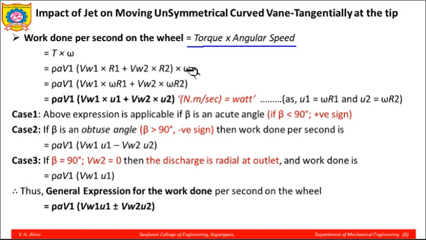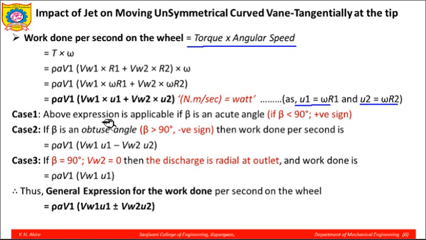That is all into omega, so omega will go inside the bracket. So you have rho a v1 into (Vw1 into u1 plus Vw2 into u2). Omega is the angular speed, so omega into radius gives you peripheral velocity at inlet and outlet, as u1 is omega r1, u2 is omega r2. So work done unit is Newton meter per second.